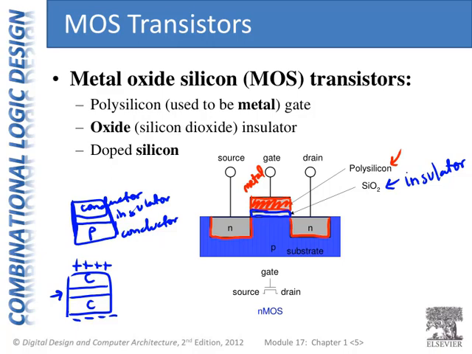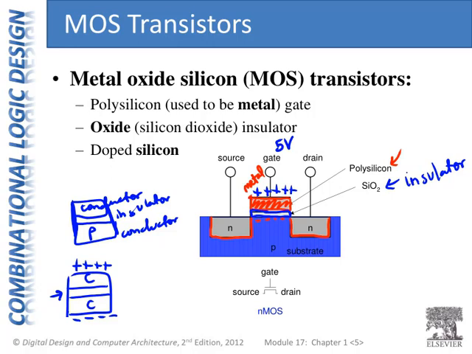So here we have, again, this metal oxide silicon sandwich here in the middle. And if we, in fact, dump positive charges on this gate, say we charge it up to 5 volts, or the high voltage, what happens is on the other side of the insulator, the silicon dioxide, we have negative charges that are attracted because of the electric field.